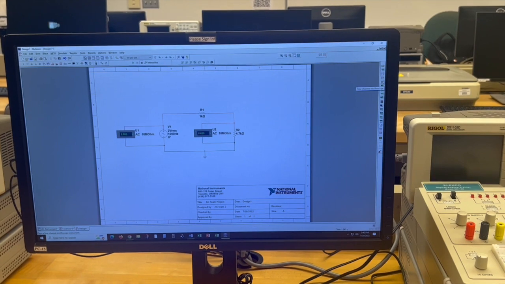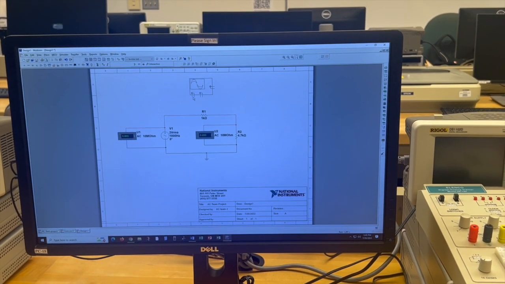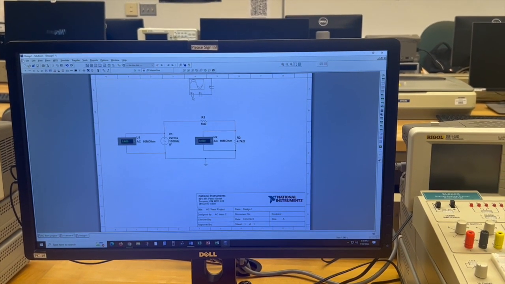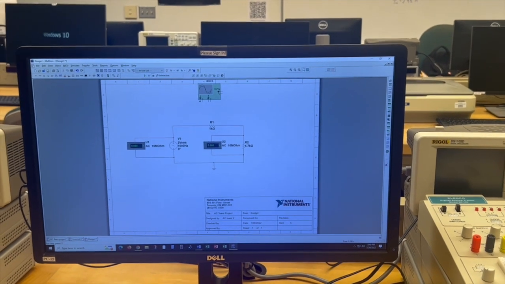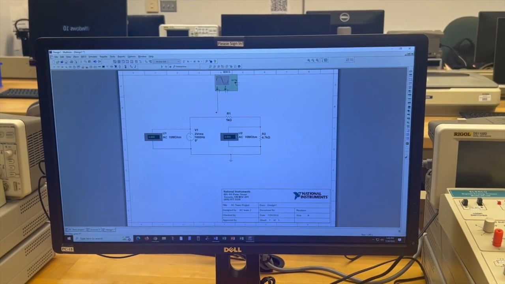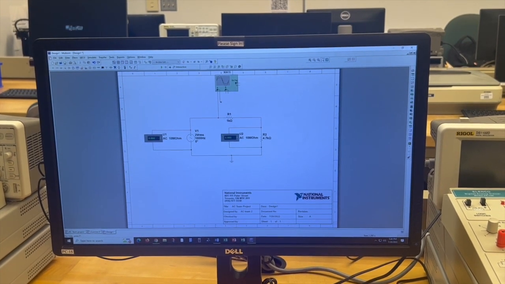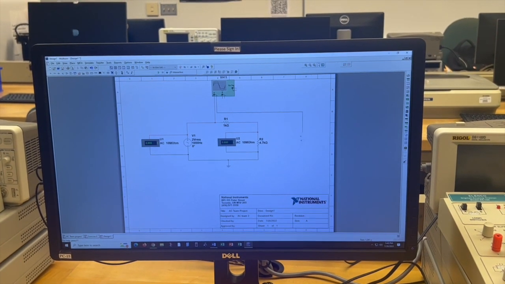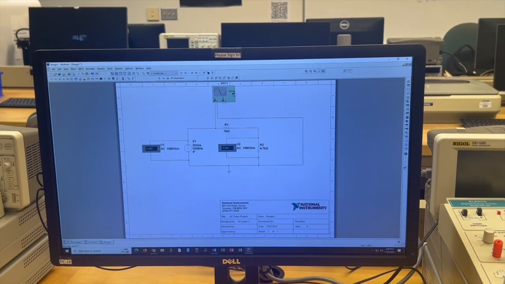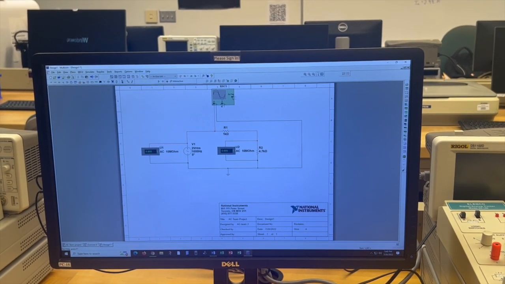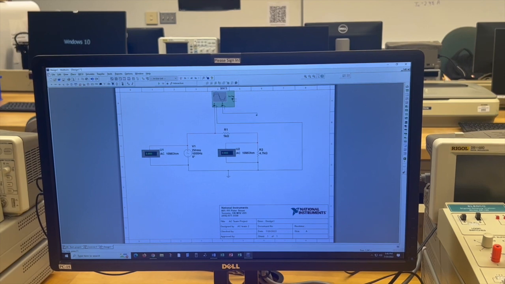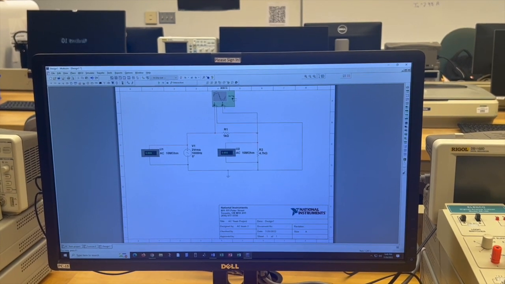We're adding our oscilloscope to our circuit as well, placing the positive A to the left side of the 1 kilo ohm resistor, the negative side to our ground, placing B positive on the top of the 4.7 kilo ohm resistor.